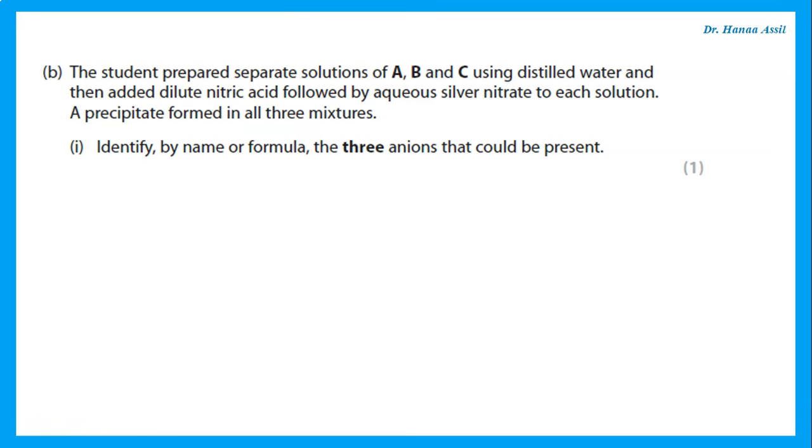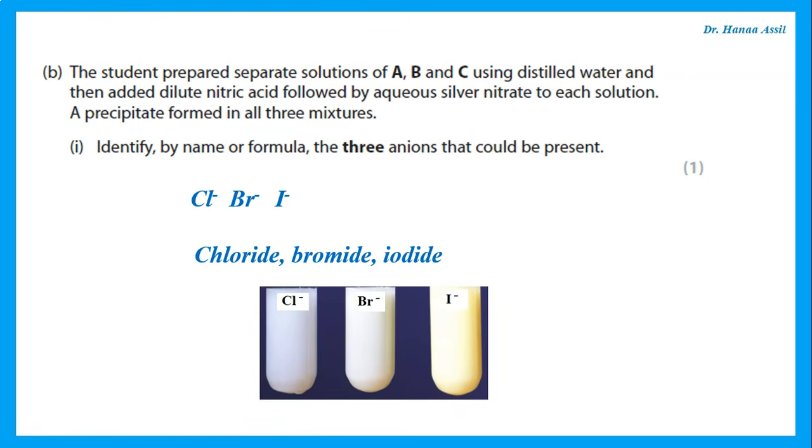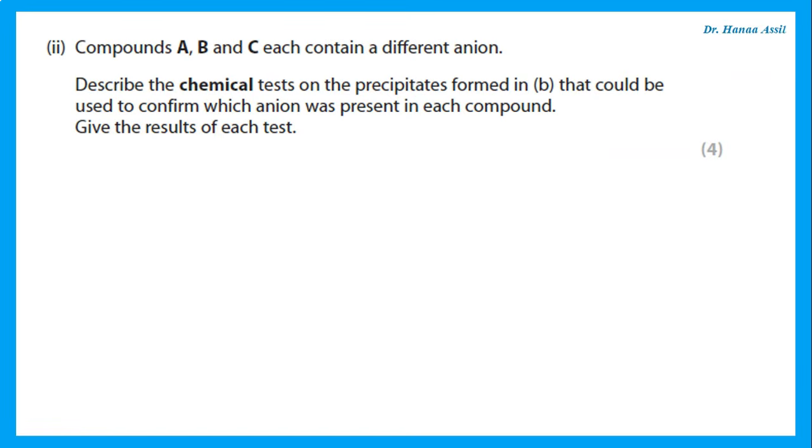Silver nitrate with dilute nitric acid is a test for what? Remember, dilute nitric acid with aqueous silver nitrate is a test for chloride, bromide, iodide. So if I have a precipitate, then this means that I have one of these halides.